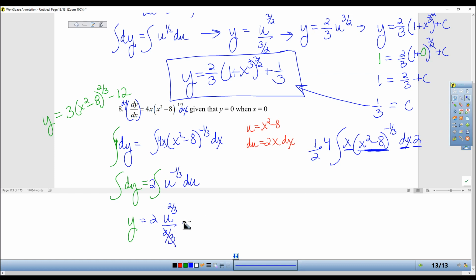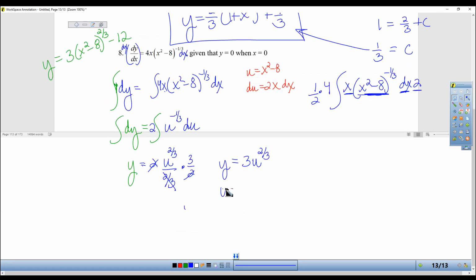So I am going to cross this out and change it to multiplication. And then my 2's cancel. So I get y is equal to 3u to the 2/3, which I'm going to switch back to 3 (x squared minus 8) to the 2/3 plus c.